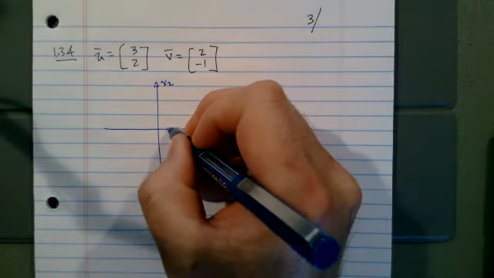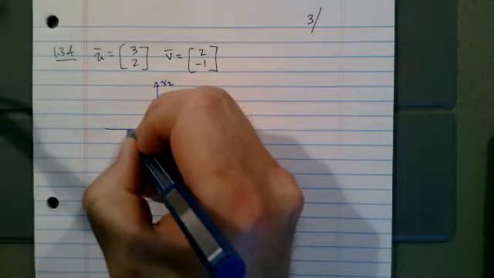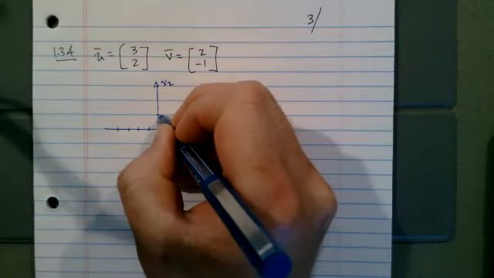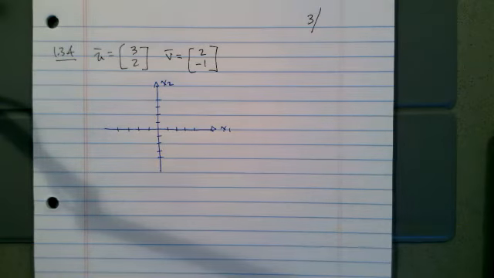So I'm drawing an x1 and x2 axis, regular Cartesian coordinates. Instead of dividing up this plane into little squares, we're going to break it up into a parallelogram grid where U is 3, 2.